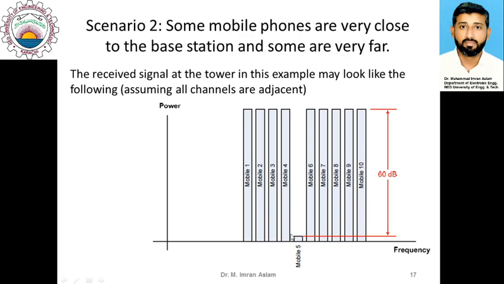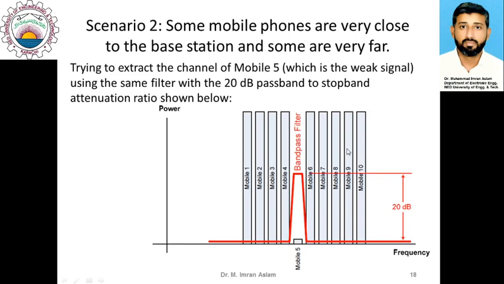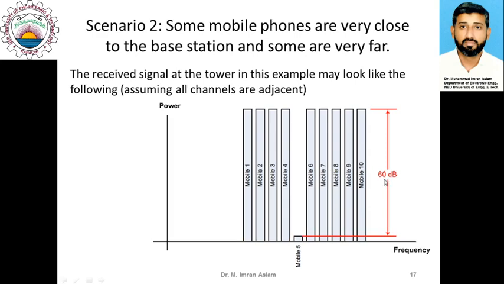Basically we are interested in extracting the signal of mobile number 5, but we end up with a problem: the mobile number 5 signal is very weak compared to all other signals. If we use the same band pass filter that we discussed in our first scenario, which reduces all other signals by 20 dB and passes mobile number 5, we will still not be able to extract the signal for mobile 5, because all other powers are 60 dB higher.